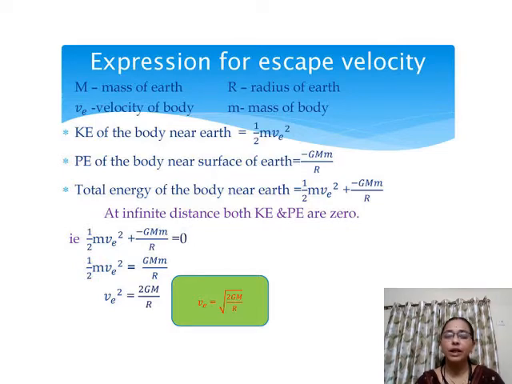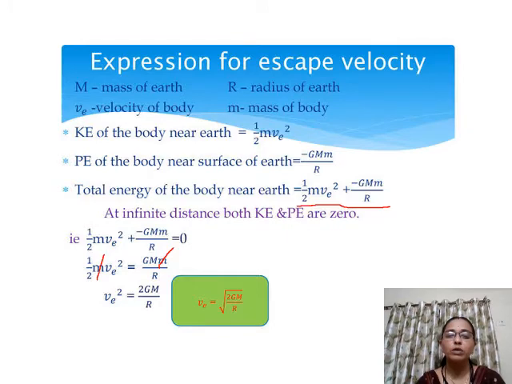Total energy, that is kinetic energy plus potential energy, we substitute both expressions here, and it is equal to 0. So half m v square is equal to GMm upon R. Making both sides equal, you will get Ve square is equal to 2GM upon R, because m and m get cancelled from both sides.